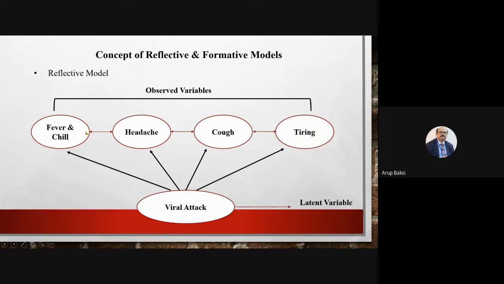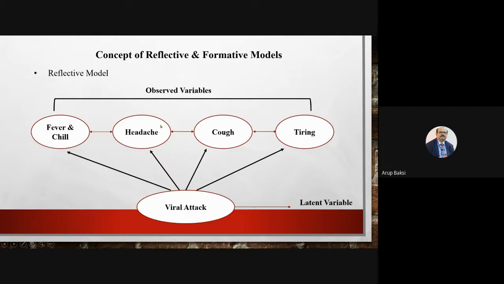So we cannot have a direct understanding about a viral attack, but we can go one step ahead and say that a person is under a viral attack if we see some of the manifested symptoms, isn't it? The fever and chill is a manifested symptom. Headache is a manifested symptom. We can actually observe it, but we cannot observe viral attack directly.